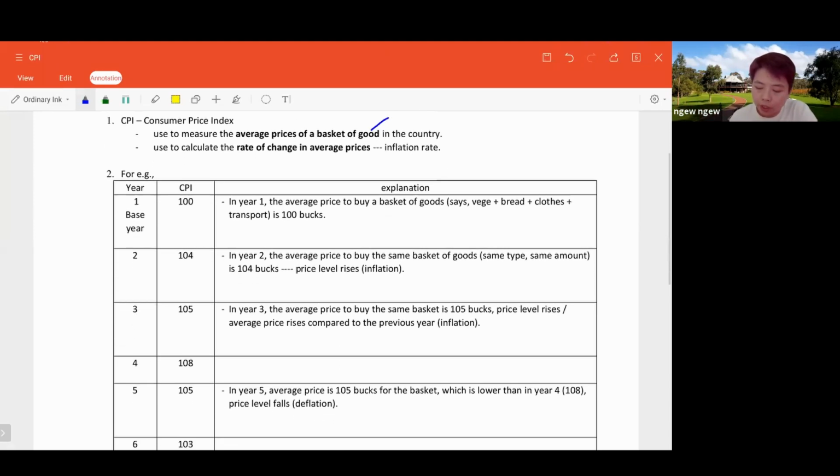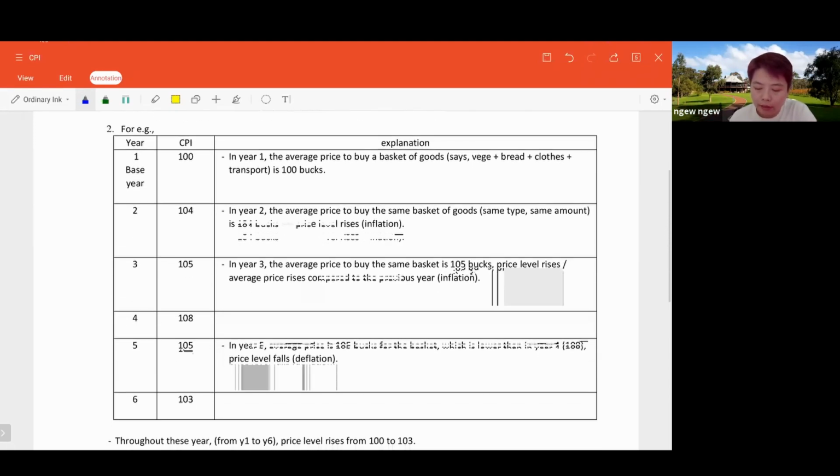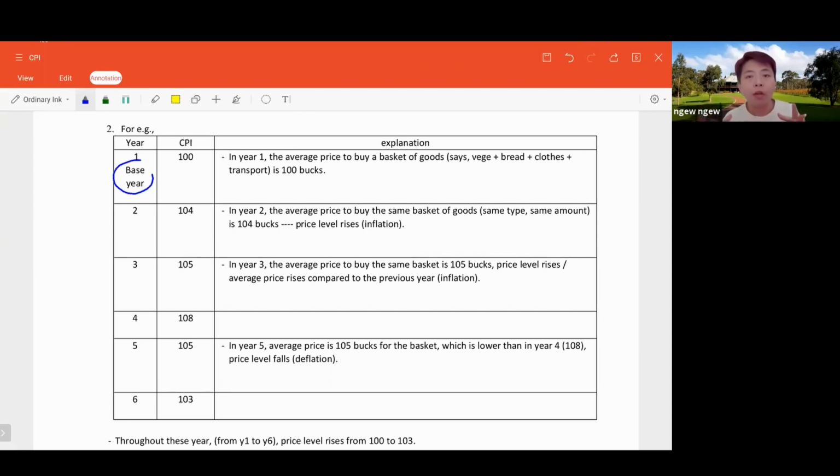Let's say year one is the base year. When we want to find out the changes in prices over a period of time, we always need to select a suitable base year to compare with, and usually the base year comes with an index of 100. So in year one, the average price to buy this basket of goods is 100 bucks.